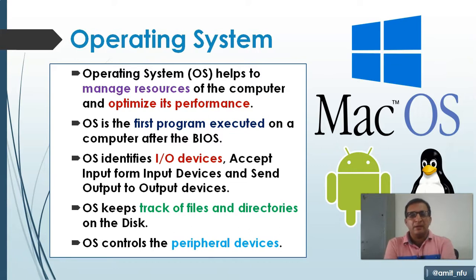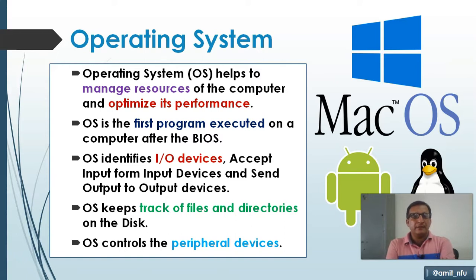What is BIOS? Basic input output system. When we start our computer, a power on self test is conducted in which the computer system checks whether all the peripheral devices are functioning properly. After that, it starts the bootstrap procedure, and booting of the computer starts.